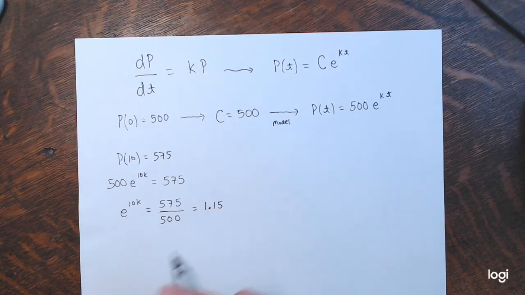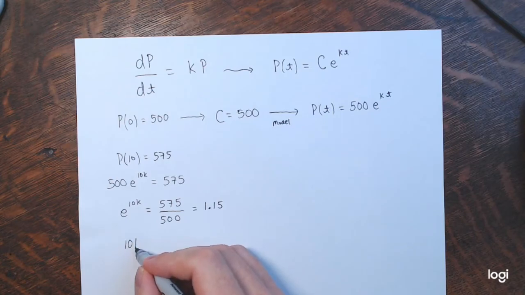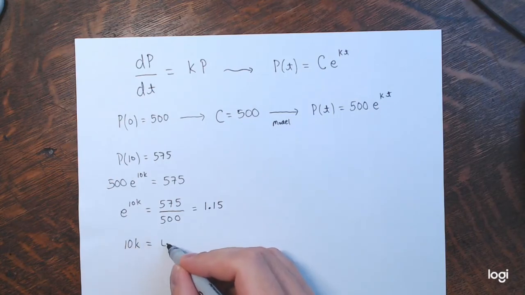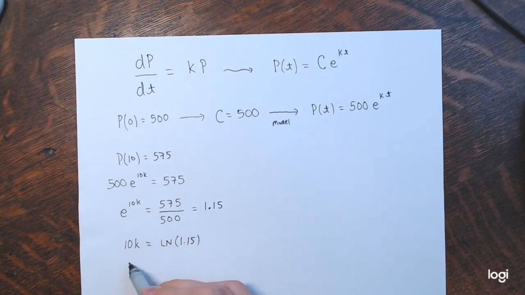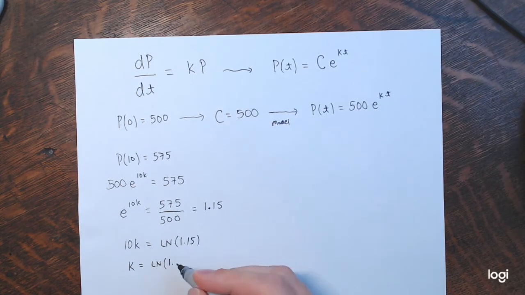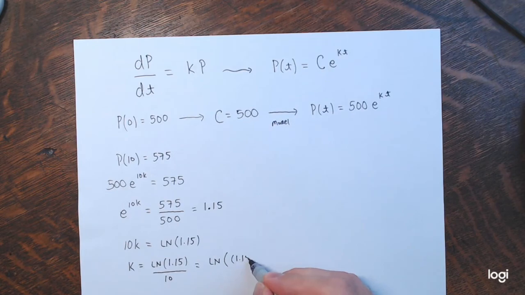Then natural log of both sides. We have 10k equals the natural log of 1.15, and then divide by 10, so k equals the natural log of 1.15 divided by 10, or if you'd like, the natural log of 1.15 to the 1/10th power.